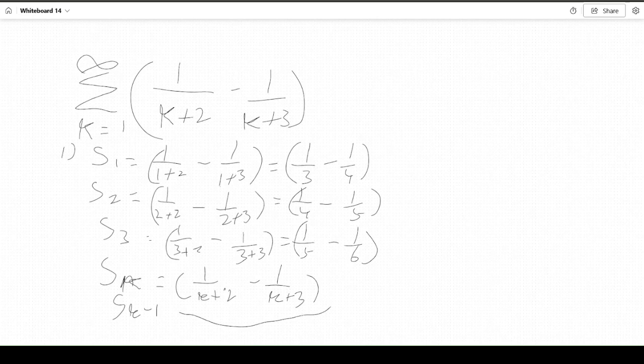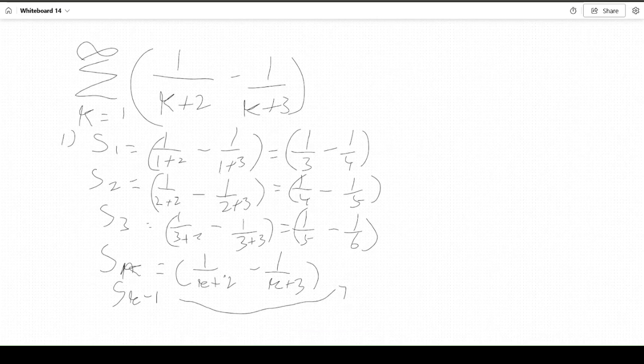We can drag this over here to make it simpler. So this would be 1 over k minus 1, where k minus 1 is plugged into k, and k minus 1 plus 3. This will equal 1 over k plus 1 minus 1 over k plus 2.